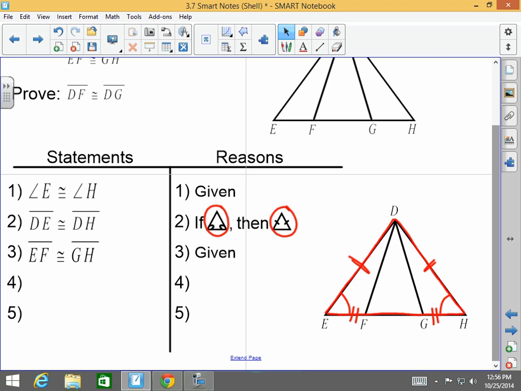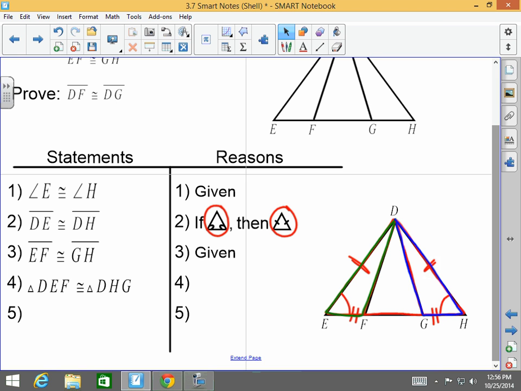We can now easily see that if I just connect DF here and DG, triangle DEF, in green, must be congruent to triangle DHG, this triangle here in blue.